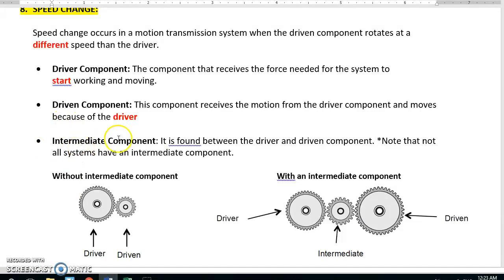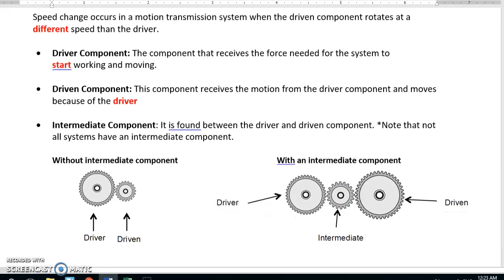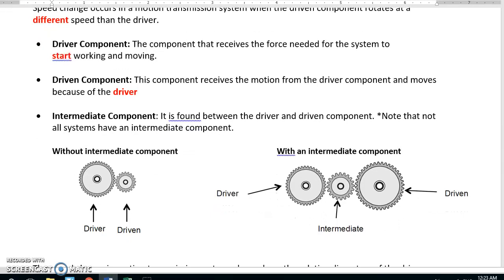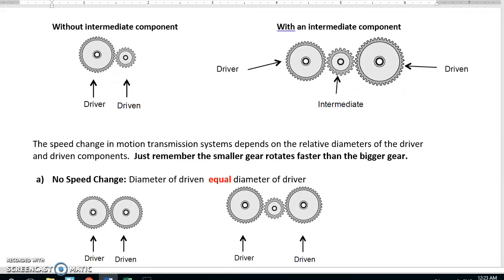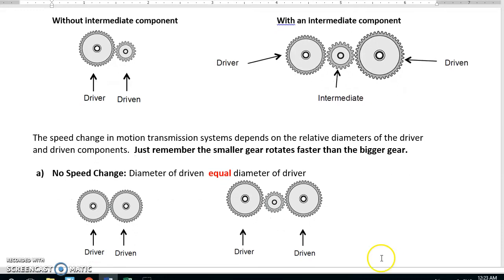An intermediate component, as the word says, is right in the center, in between the driver and the driven. We'll look more closely at how to calculate the ratio between the driver and the driven gears. When you have two identical gears, there is no change.